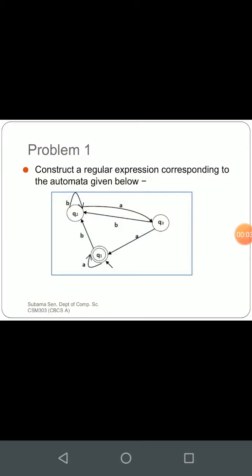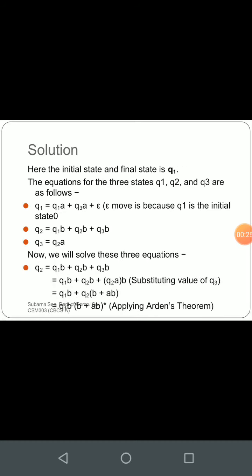Now the problem is given. It has three states. Q1 is the initial state, and there are two entries into Q1, one from Q1 itself with the value A, and Q3 is giving A to Q1. We have to remember that Q1 is the initial state, so accordingly we have to build up the equations.